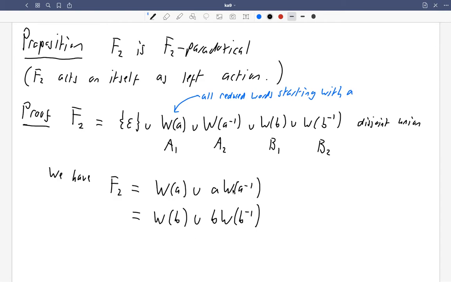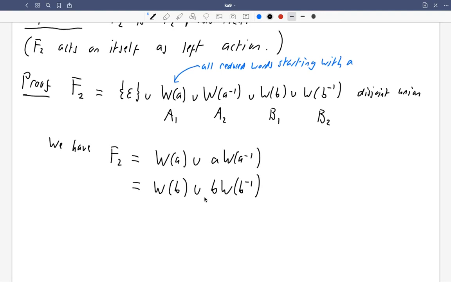And it's actually easy to check that in these cases, once again, these are disjoint unions, but that's not so important. What's important is that this is A1 union A2, and this is B1 union B2.